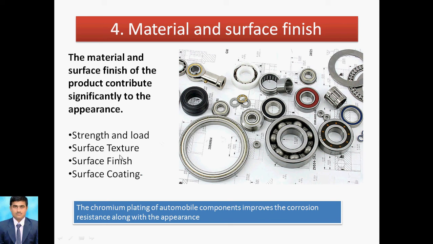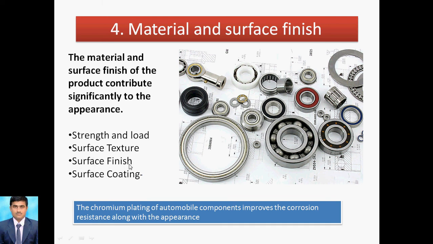In surface texture, the texture depends on the wearing criteria, so wearing conditions. Stainless steel has wear resistance, so it provides a better surface texture. The next is surface finish.